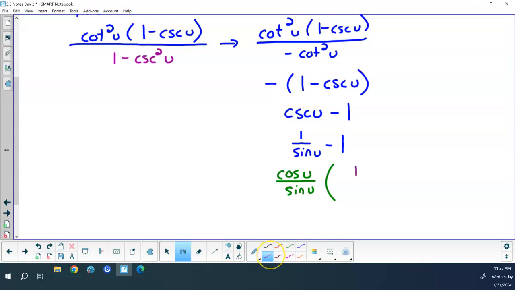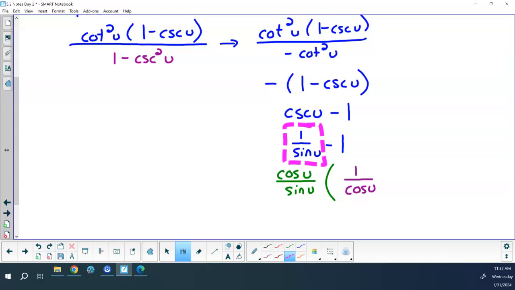So this right here has to be 1 over cosine. What are those two multiplied together? 1 over sine, right? So have I changed this at all? No. I introduced cotangent because we said we needed it, as long as I adjust this right here. These two multiplied together gives me that.